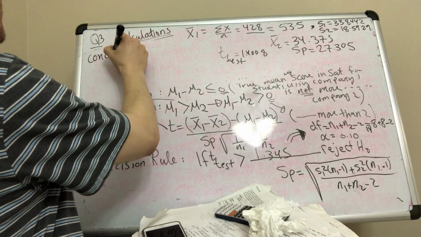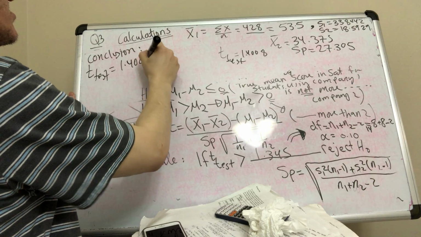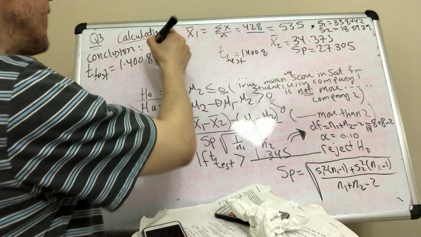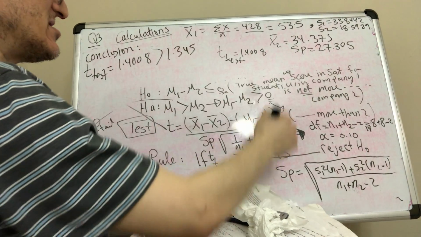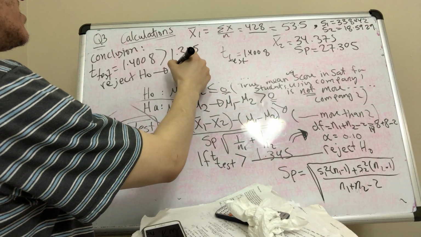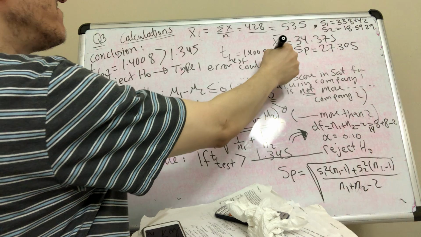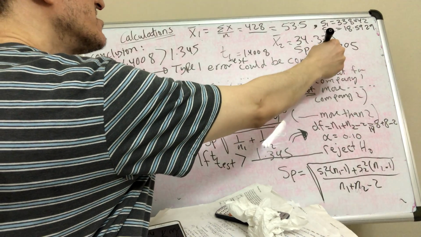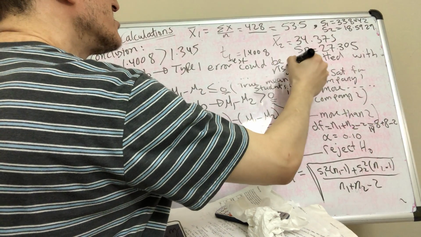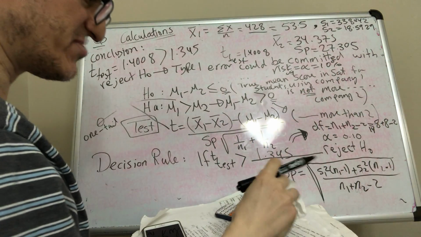Conclusion. T-test of 1.4008. Is that more than the 1345? Yeah, definitely more than 1345. Condition is satisfied. Reject H0, and anytime you reject, type 1 error could be committed with risk equals alpha, and in this question it was, I believe, 10%.